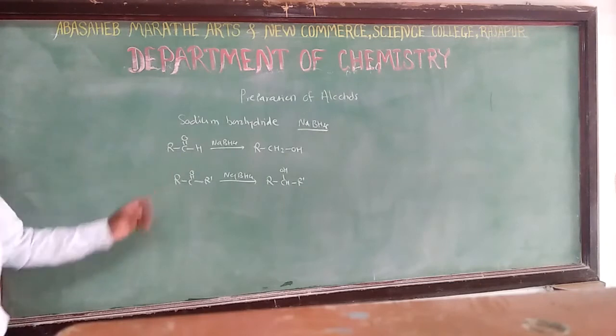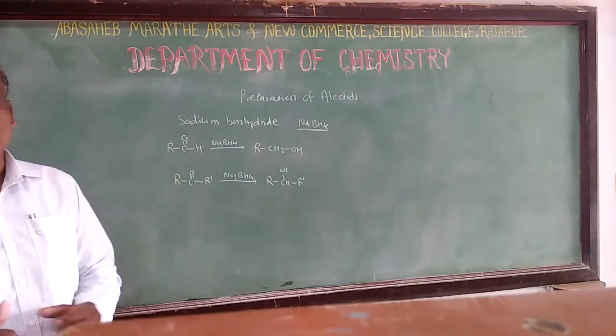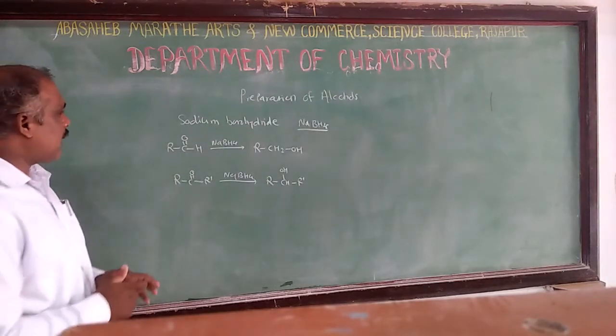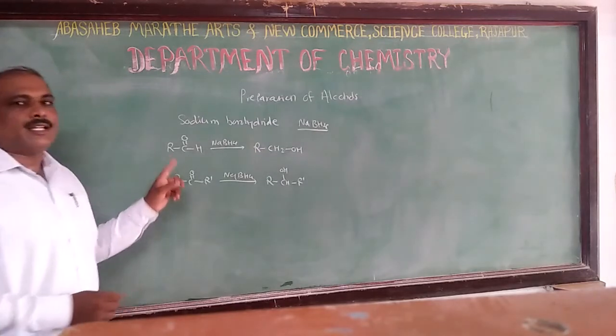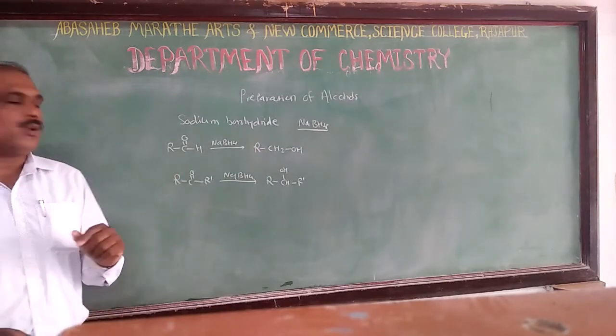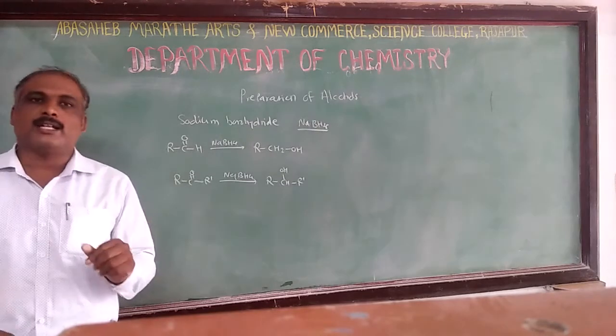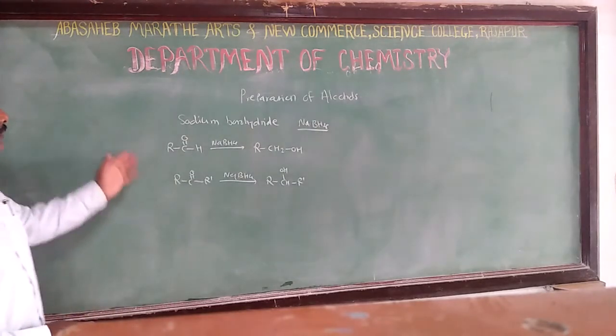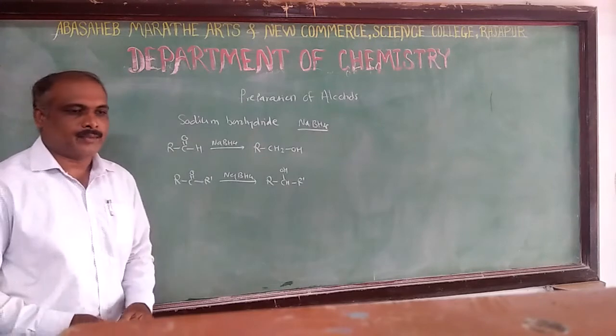So these two general reactions are very important to understand: the aldehyde gives a primary alcohol and the ketone gives a secondary alcohol by using the reagent sodium borohydride.